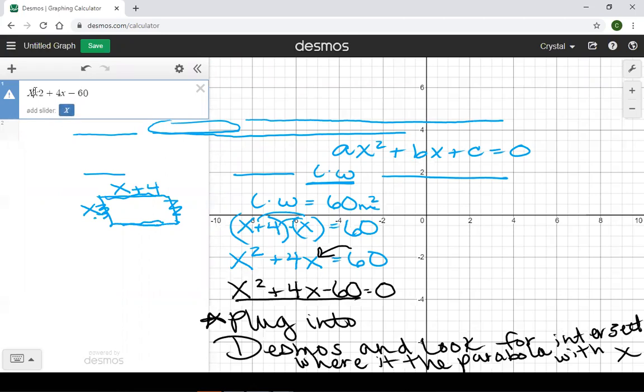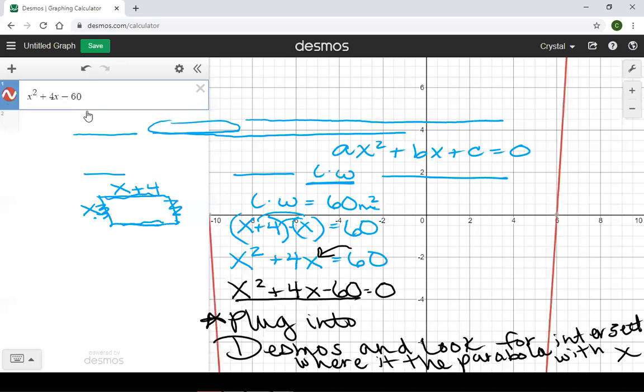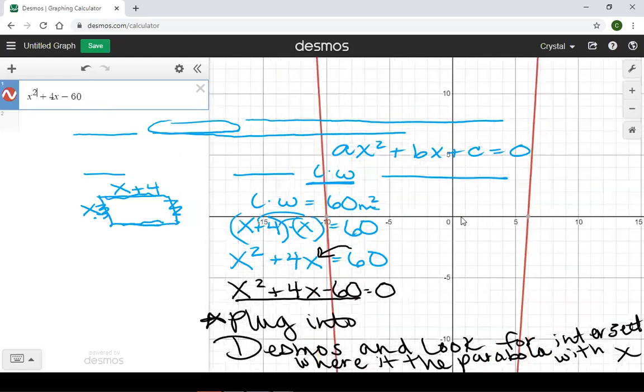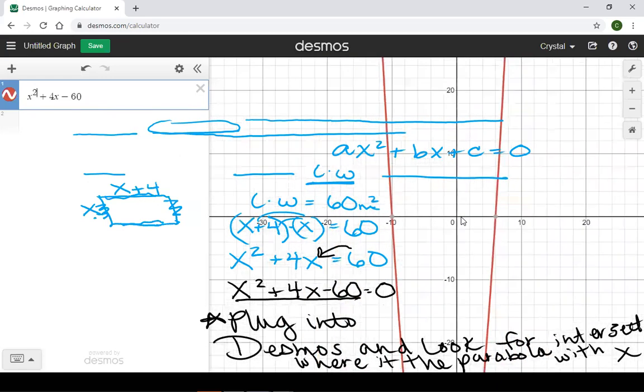There's a trick to this that many of you are not going to understand because it looks like, hold on, let me see. I have to zoom out, right? Because it's so big. Okay. Raise your hand if you get the same parabola that I have on the screen. Good.